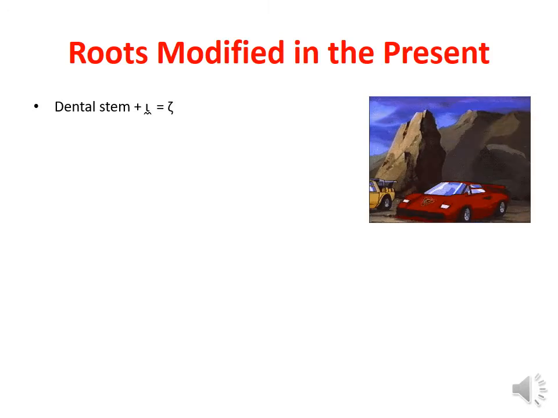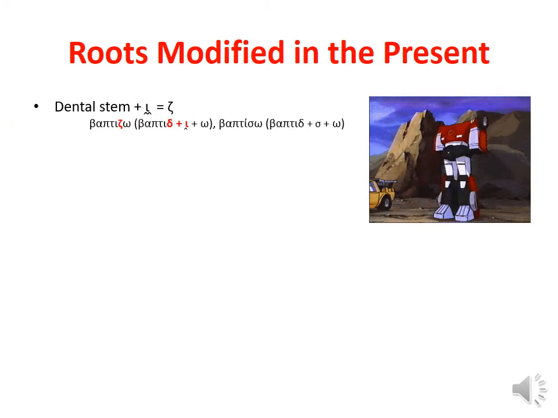Let's look then at verbs where the present tense stem modifies the root. Verbs with a stem ending in a dental consonant will often add consonantal iota in the present tense stem, and only in the present tense stem. And oddly enough, that combination will give you a zeta. So you have a veritable transformation of the verb because of the combination.